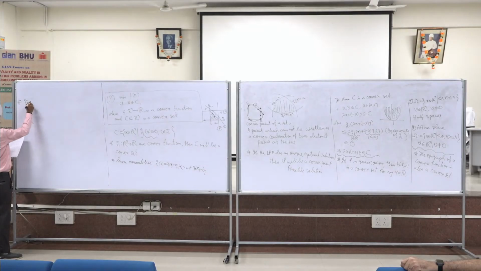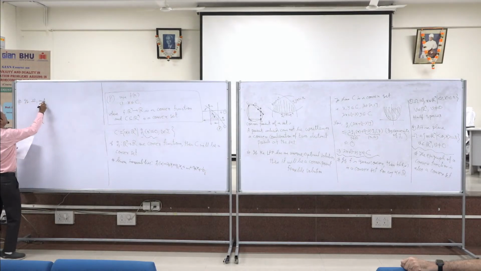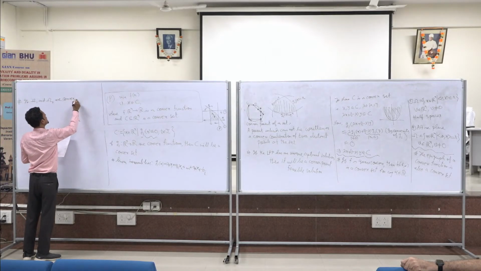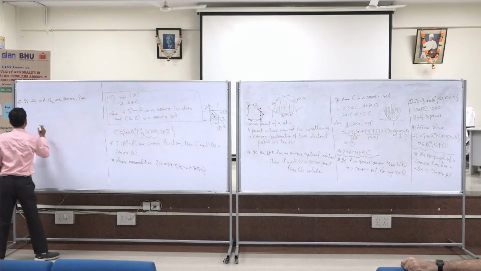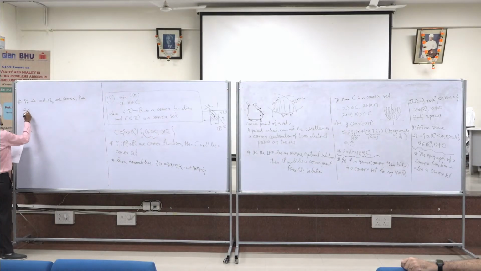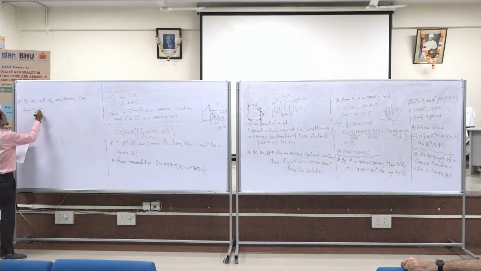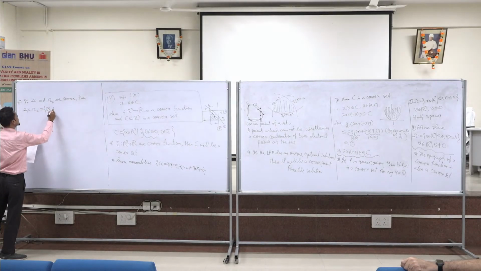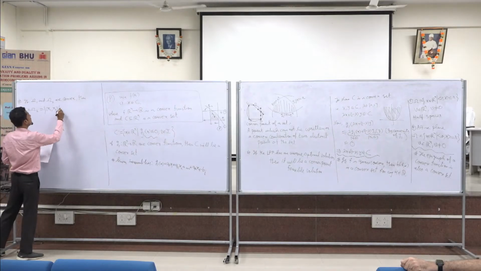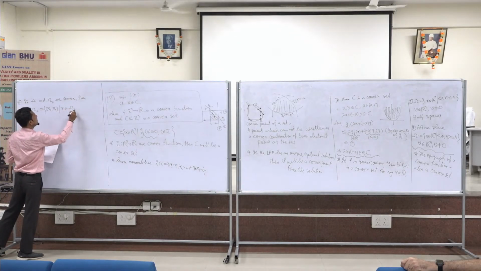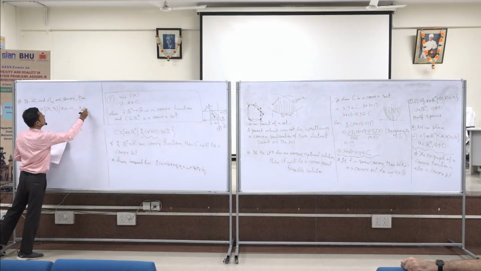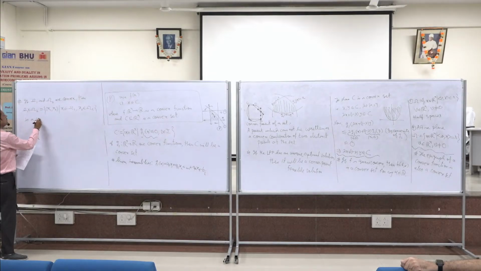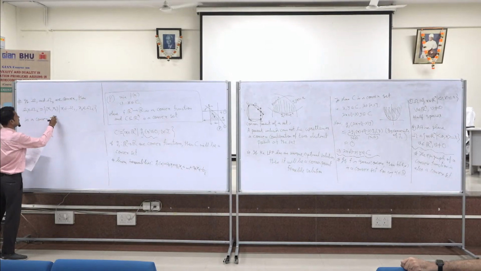So if omega 1 and omega 2 are convex, then the Cartesian product, which is defined as the pairs (x1, x2) such that x1 is in omega 1 and x2 is in omega 2, is a convex set, right?